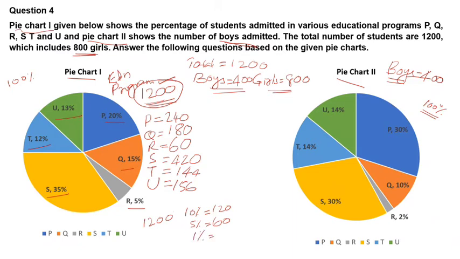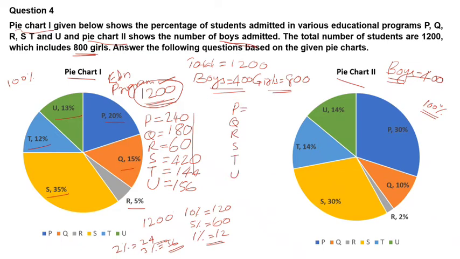Again cut a zero, it will be 12. If 1% is 12, 2% will be 24, then 3% will be 36. Like that, any percentage we can calculate. Accordingly, you can calculate for P, Q, R, S, T and U.